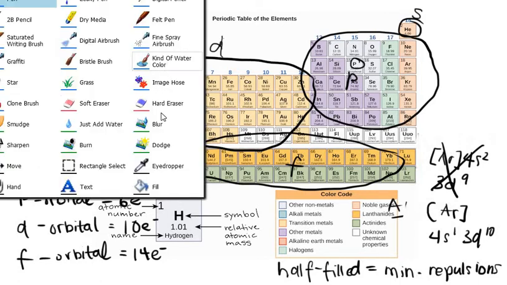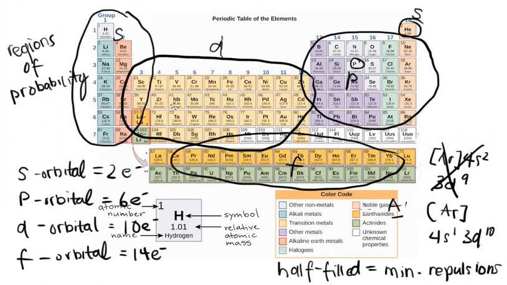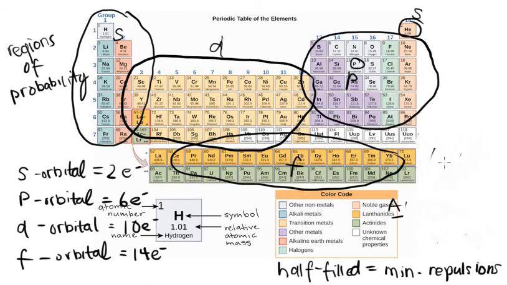Now we can do this on chromium as well, because this was copper. Chromium is very similar. It likes to be half filled. Let's look at chromium. We expect it to be argon 4s2 3d4. As we know, this is completely false.